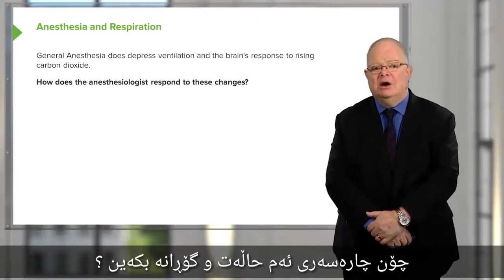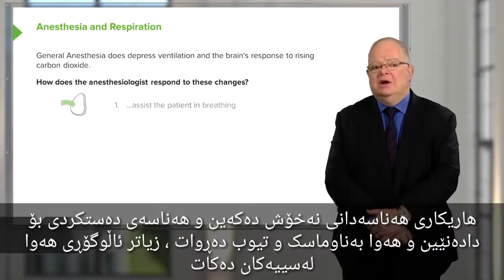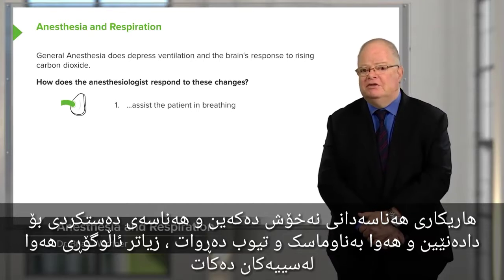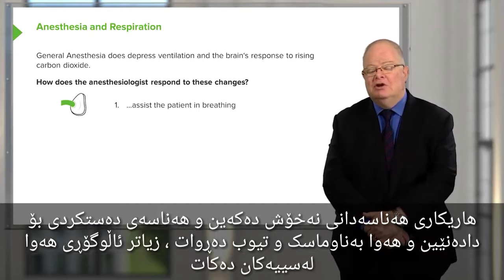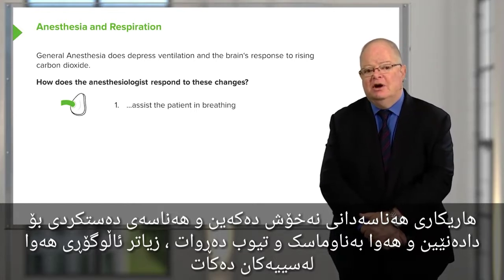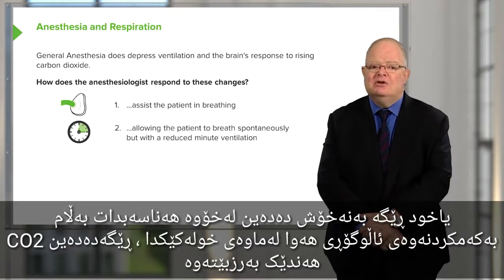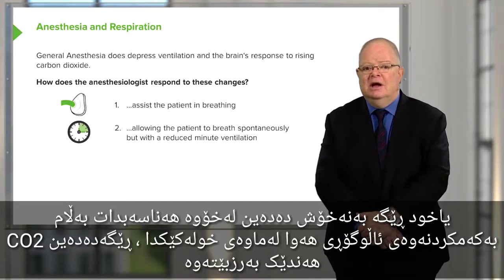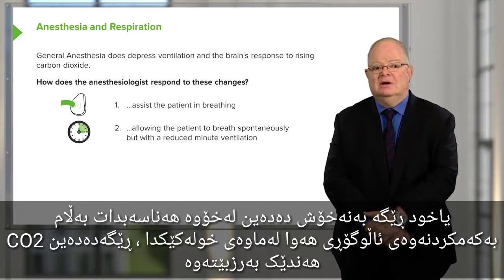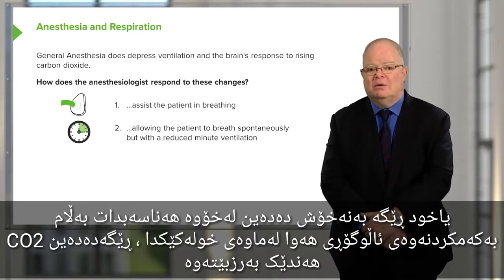So how do we take care of these changes? We can assist the patient's breathing by simply applying more ventilation through a bag and mask or through intubating the patient and using a ventilator. And we can increase the minute ventilation very easily through that process. We can allow the patient to breathe spontaneously with a reduced minute ventilation and allow the CO2 to rise somewhat.